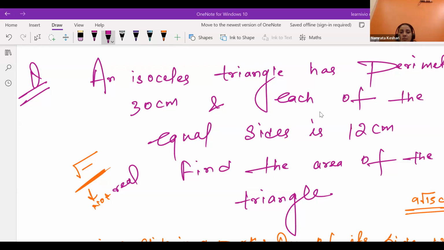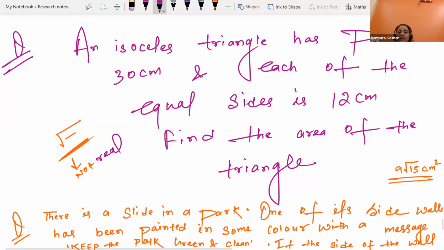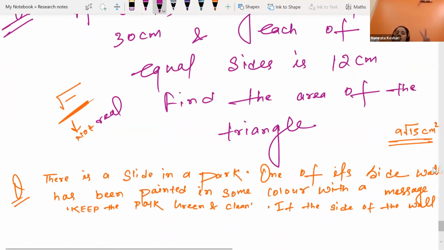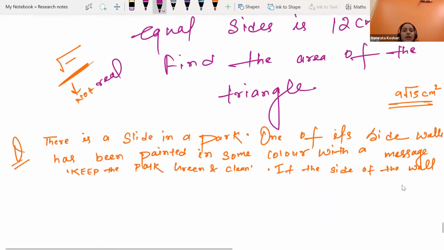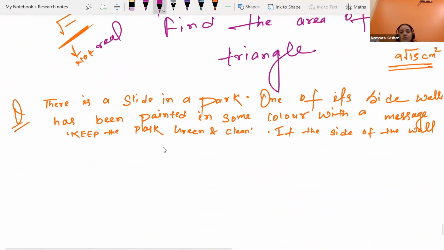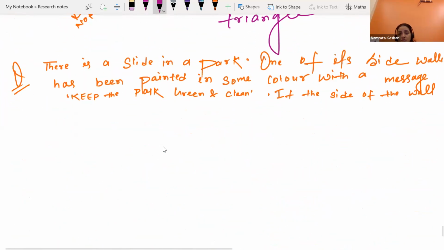This is also the same kind of question: the perimeter a plus b plus c is given, and each equal side is 12, 12. Two sides are 12, 12, and the third side we can find with the help of the perimeter. Since you all have done it, I am not explaining it. Please let me know if you have not done it.